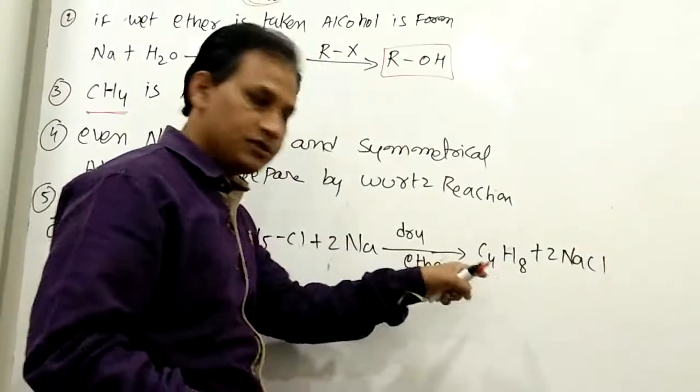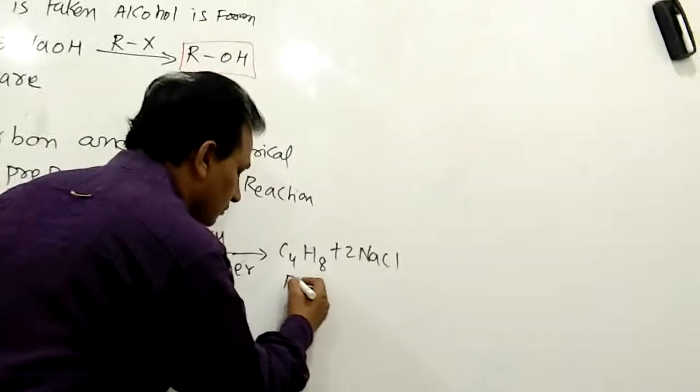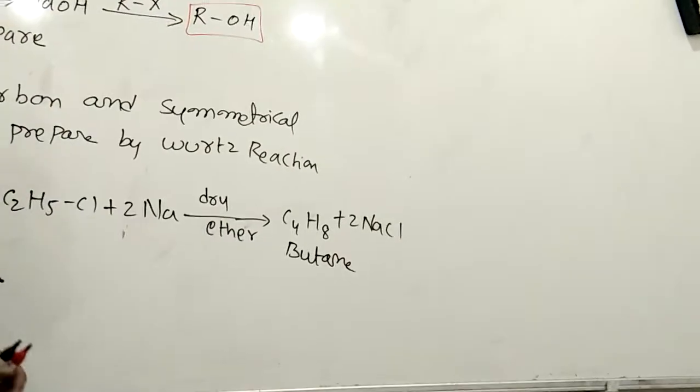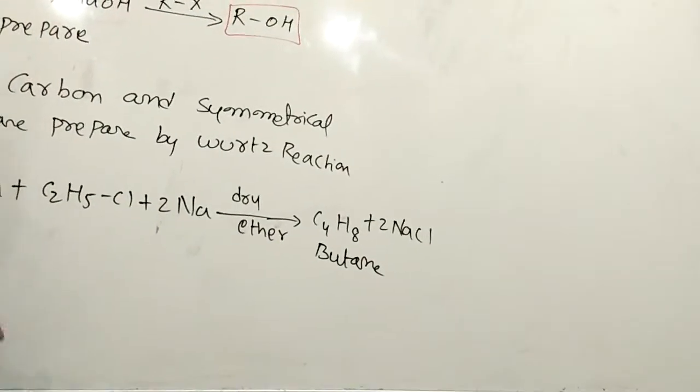This is butane. A higher alkane is produced.